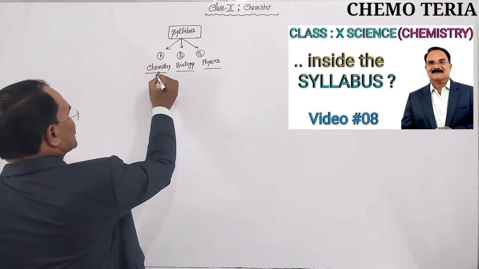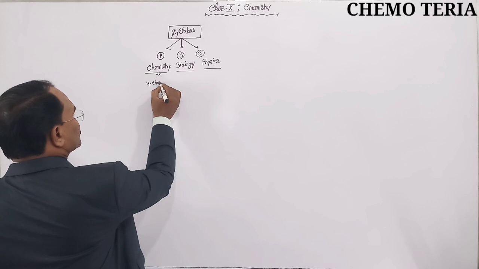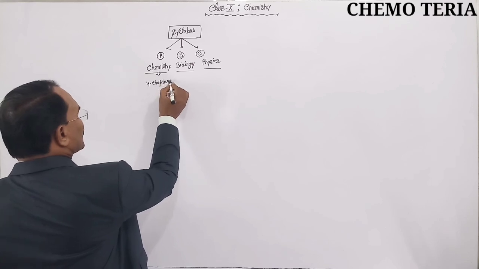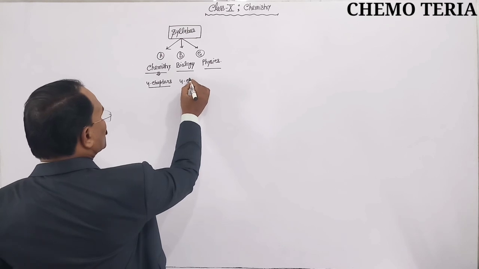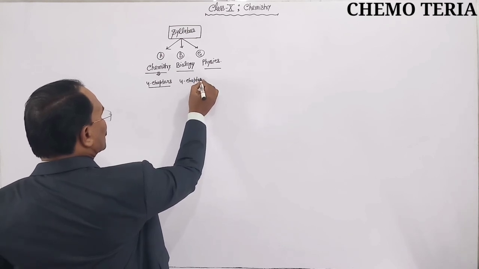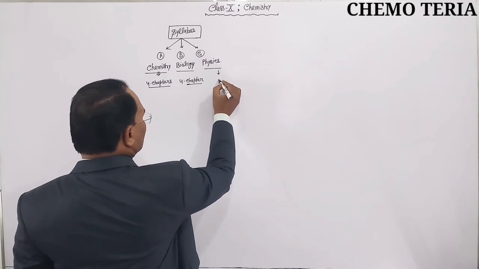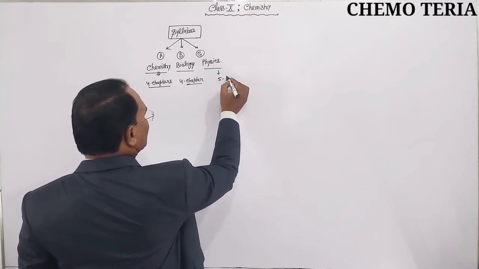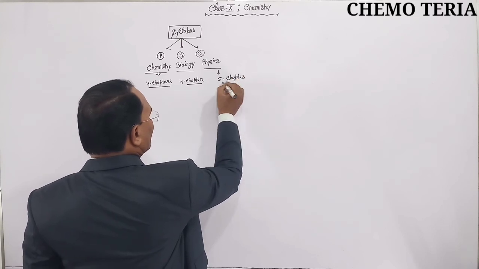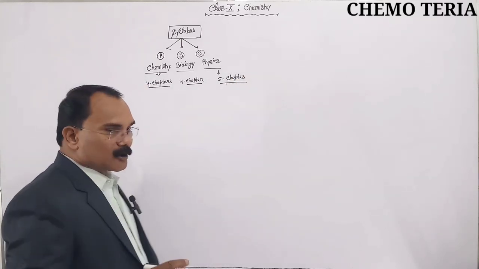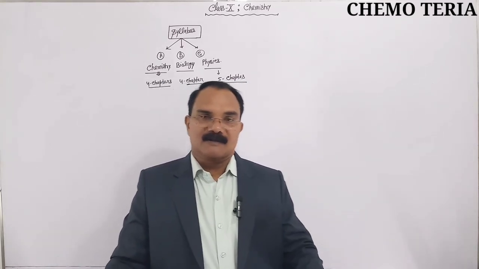For the chemistry section, there are 4 chapters. How many chapters? There are 4 chapters for chemistry, 4 chapters for biology and 5 chapters for physics. We have also discussed the marking scheme of all these sections.